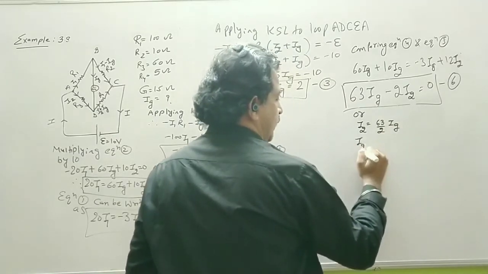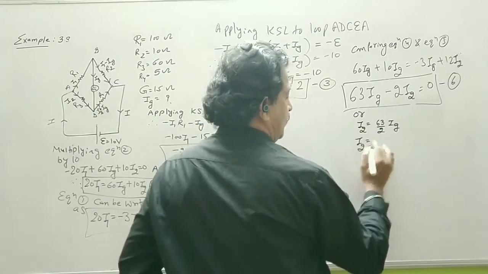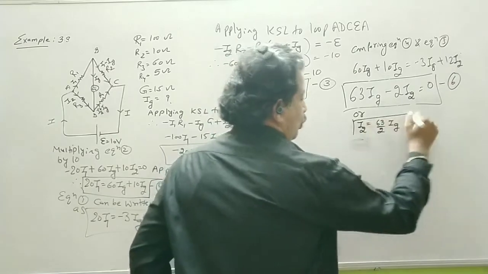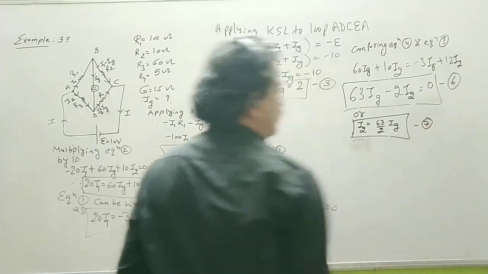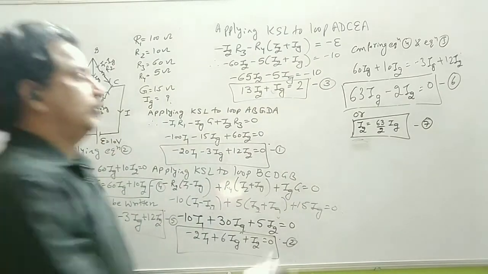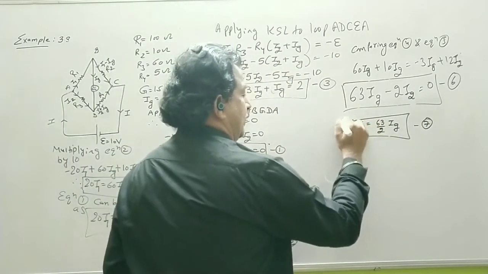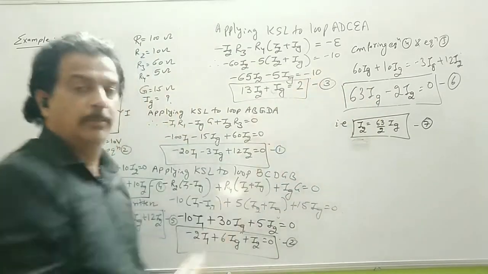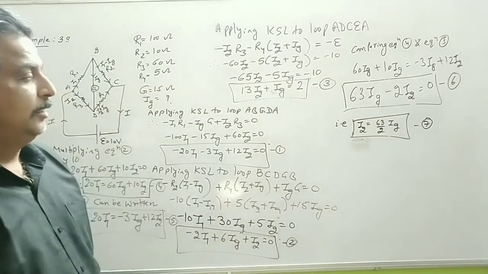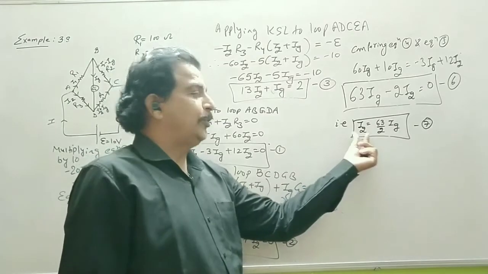That is, I2 can be written as 63 by 2 IG. Let us name this as equation 7. So it is better if we multiply this equation by 13 and this equation by 2 and then add. I make I2 the subject.